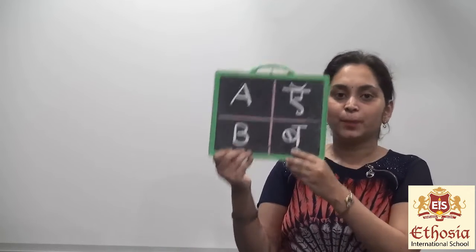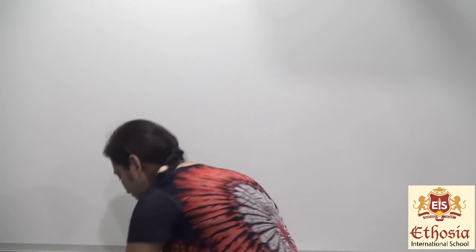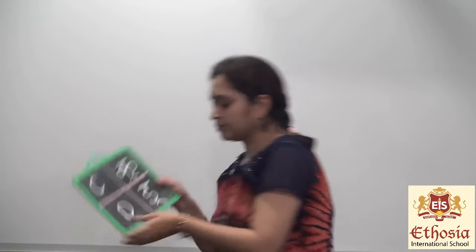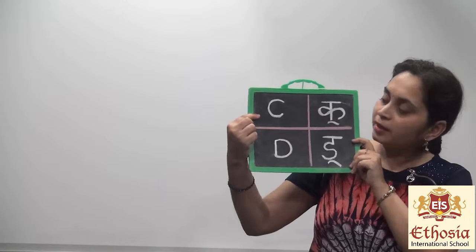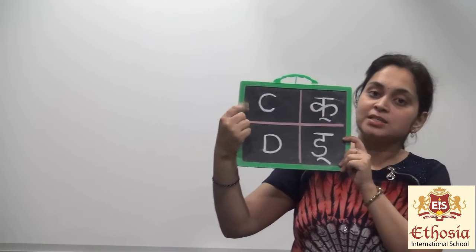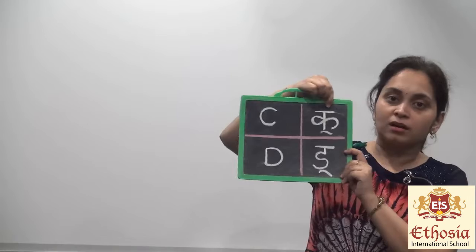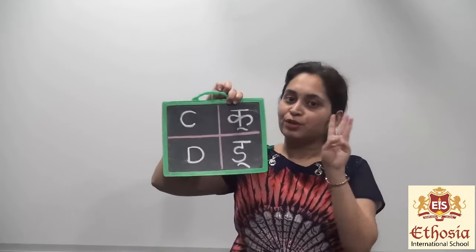Okay, fine. Come, let us see the next 2 alphabets. So over here, this is capital C. C says K. Like I am going to tell you 3 words.